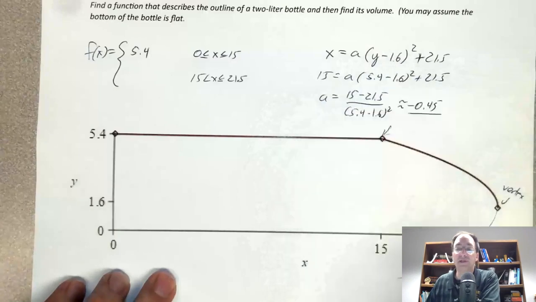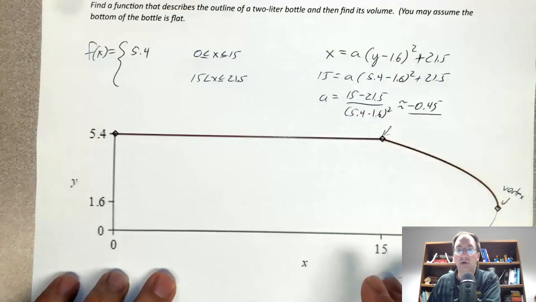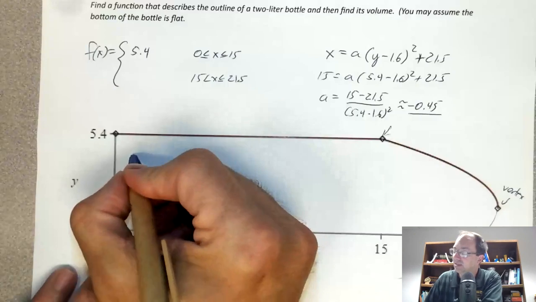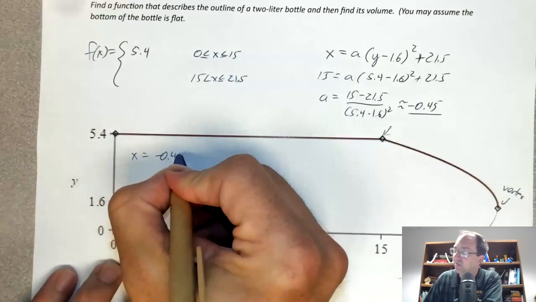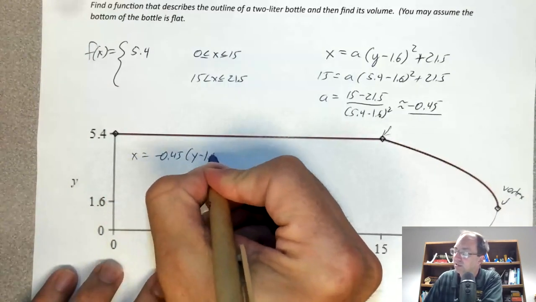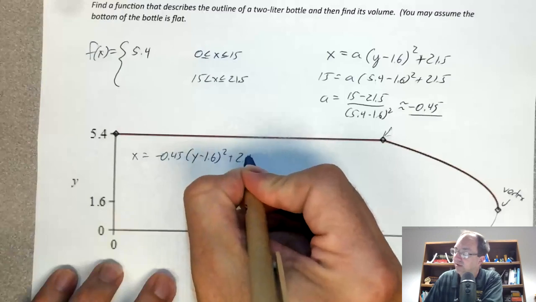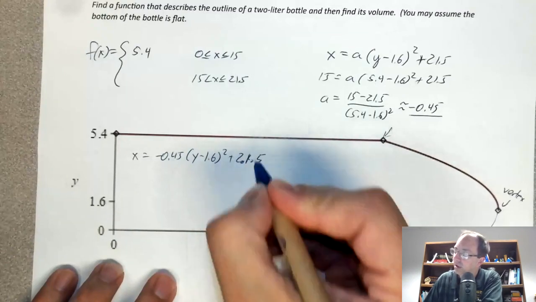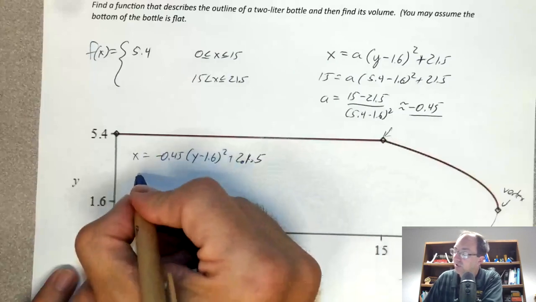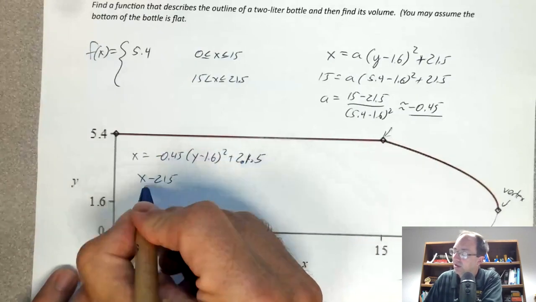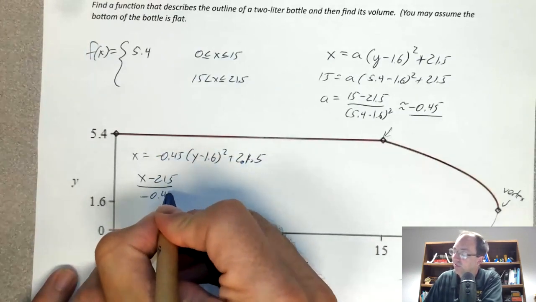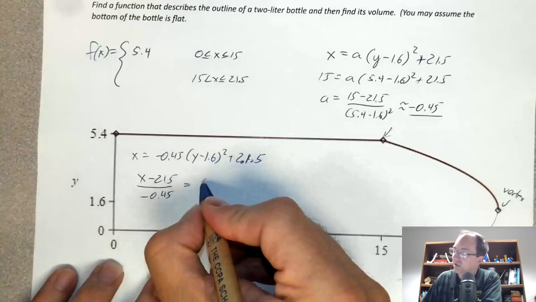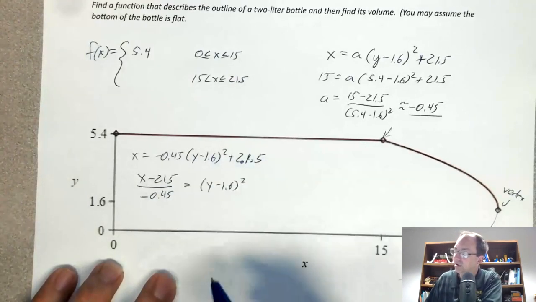Then we can solve for y to actually get our function of x. So if x equals negative 0.45 times the quantity y minus 1.6, squared, plus 21.5, then I can move the 21.5 over and divide by the negative 0.45 to get y minus 1.6 squared.